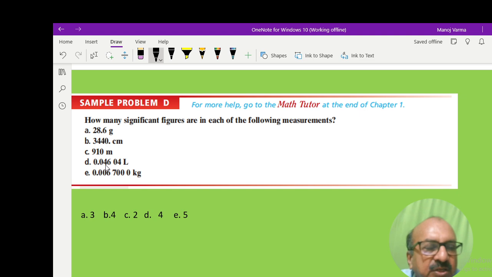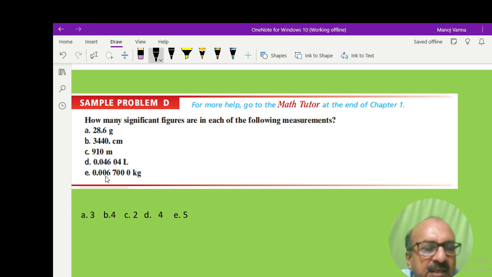Here a zero which is in front of a non-zero digit, that means this 0 and this 0, these two zeros are not significant, but this 0, because it is in between two non-zero digits, is significant, and the non-zero digits anyways are significant. So the total number of significant figures in D is 1, 2, 3, and 4.